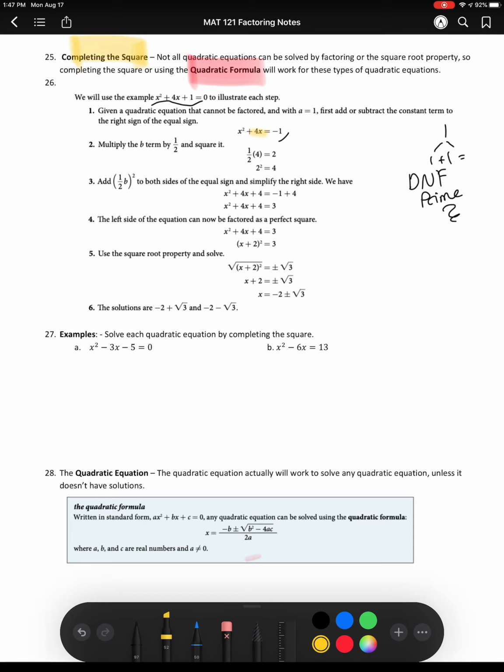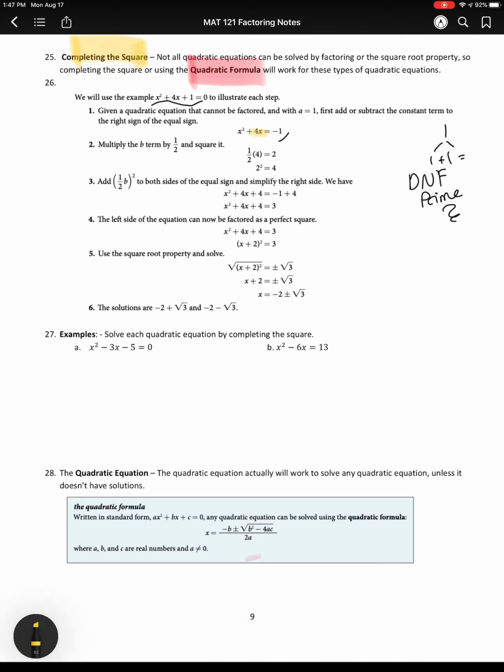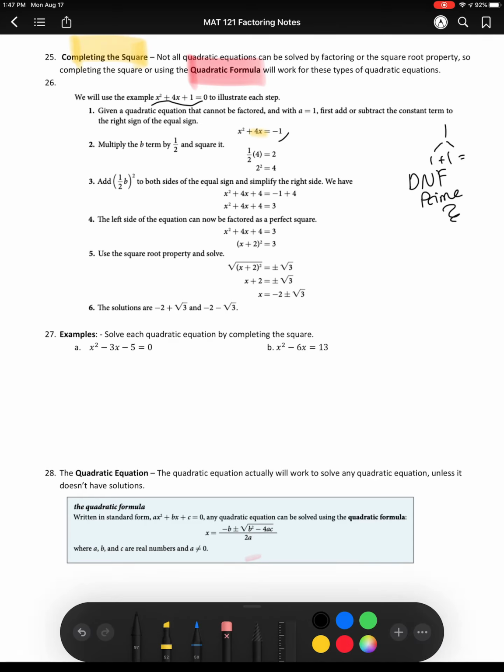You want to look at what's in front of the x, that's your b. We take half of b, square it, and add it to both sides. So b is 4. Half of that is 2. Half of b squared equals 4. So 4 gets added to both sides, because whatever you do to one side, you have to do to the other.